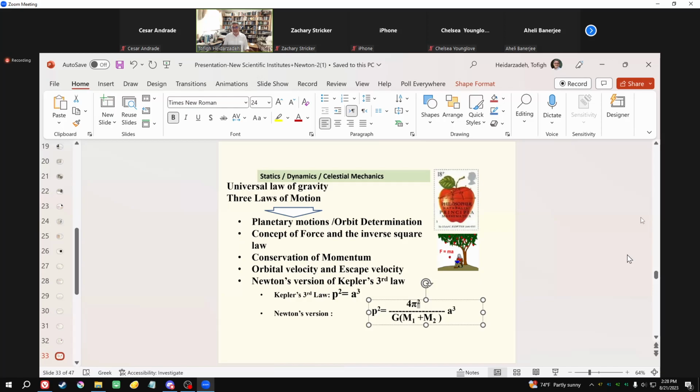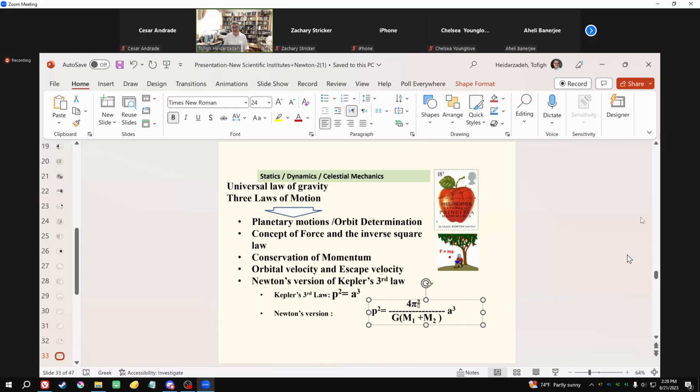He invented concepts like momentum, angular momentum, conservation of momentum. He was able to calculate the orbital velocity and escape velocity. At that time, nobody was able to think about escaping from Earth, let alone rockets, but he was able to calculate them.